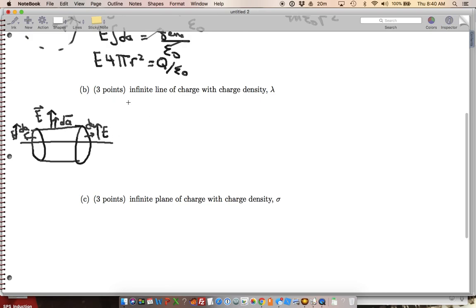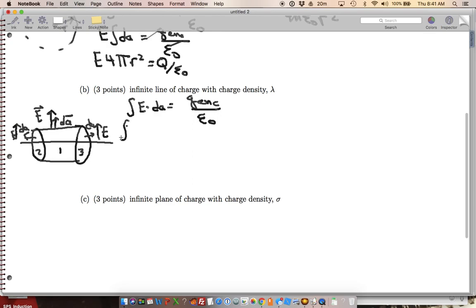So when I go and do Gauss's law, I'm going to say E dot dA is equal to Q enclosed over epsilon naught. But now thinking about this volume, I really have three pieces. The two ends are two pieces, and then the circular part. So let's call this 1, 2, and 3.